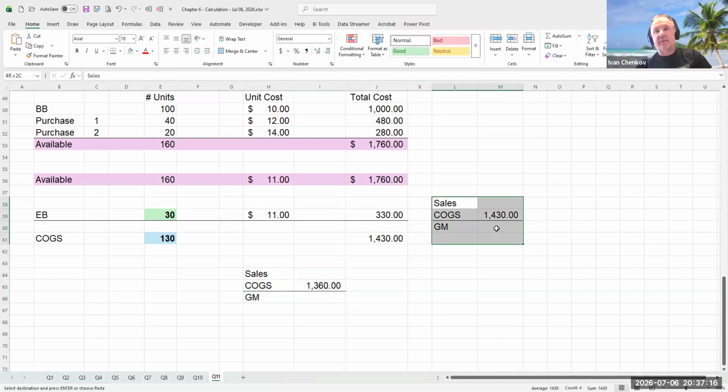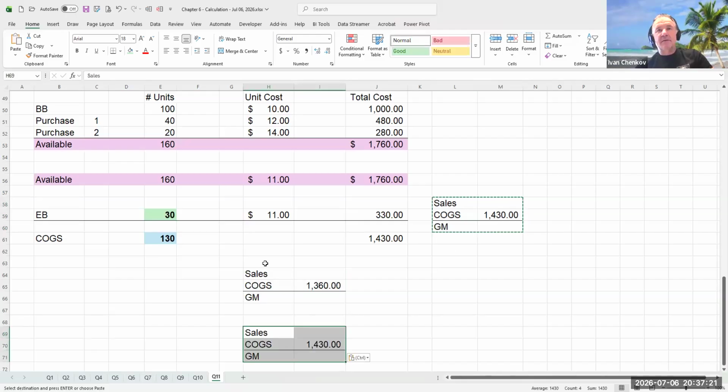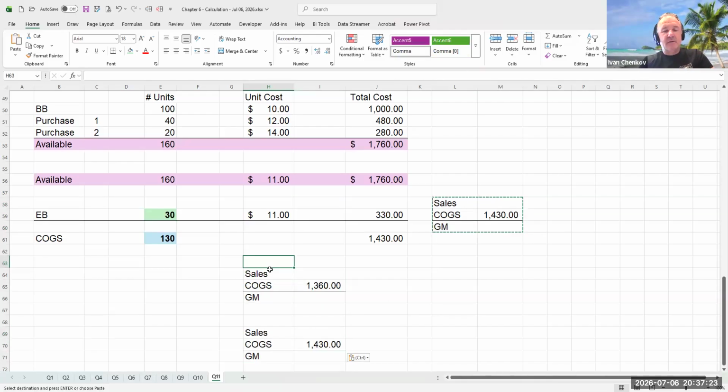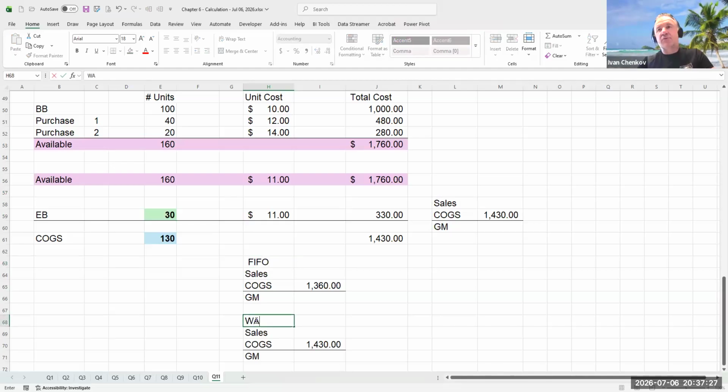This is your first in, first out. This is weighted average. Which one is going to produce the highest gross margin and highest operating income?